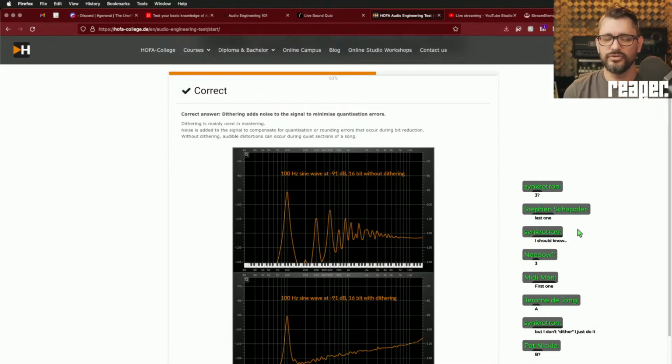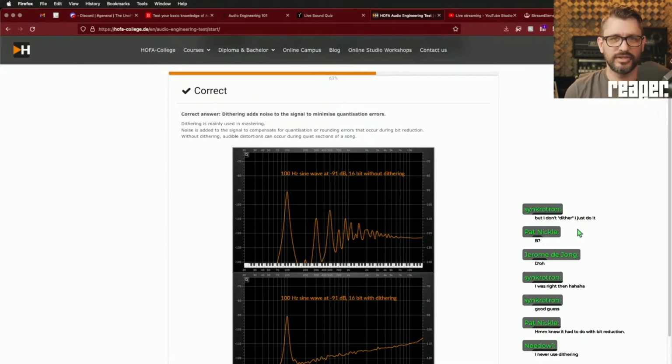It's very rare that you hear dither or quantization noise, but it is something that you just do by default. For the mastering show, we made this meme, "just dither it," because when in doubt, add dither, because it's super unlikely you're going to hear it.